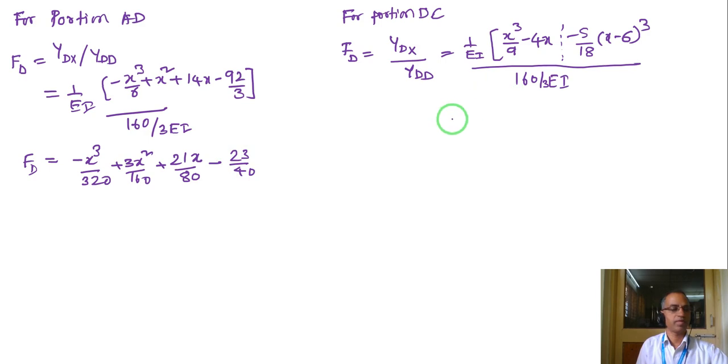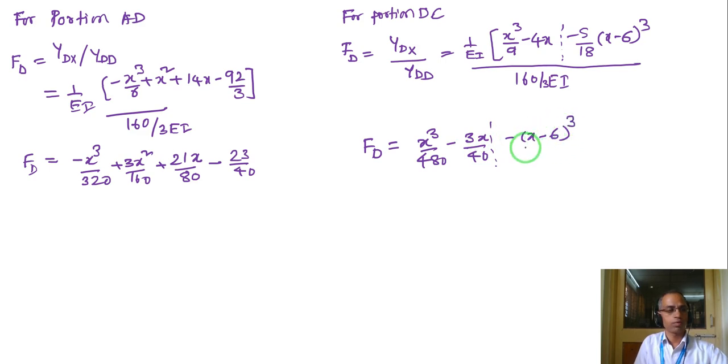So by simplifying, FD for portion DC will be x cube by 480 minus 3x by 40 minus (x minus 6) whole cube by 192. So this is the ILD ordinate.